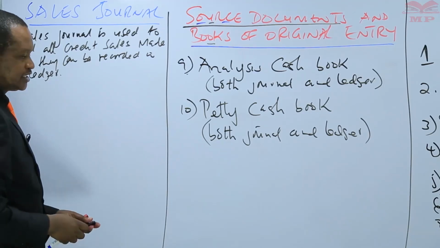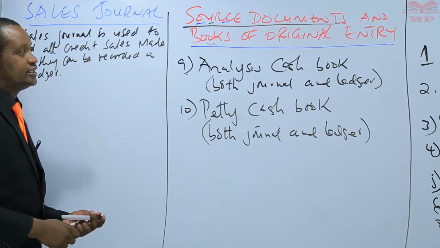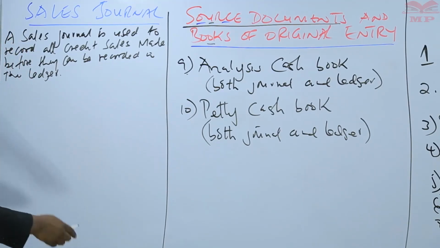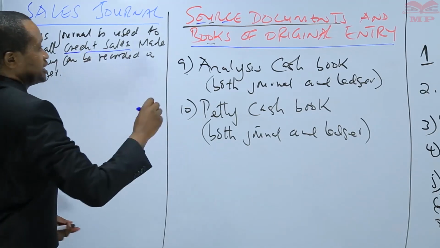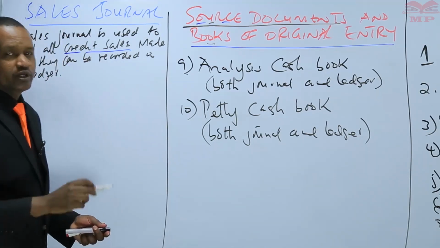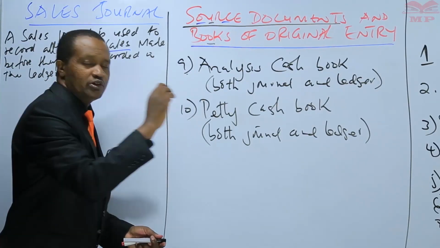So a sales journal is a journal or a diary that is used to record credit sales, when the business sells to customers on credit.